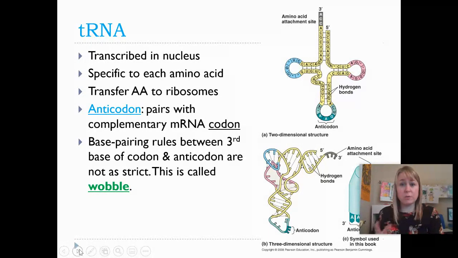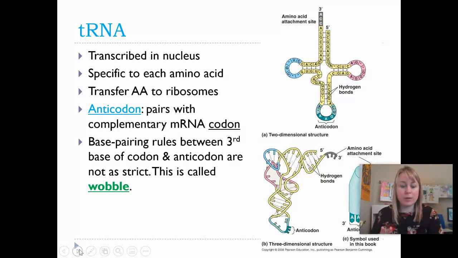It's really the first 2 letters that hydrogen bond to the codon. That third base is not as strict. So AAG and AAC could probably bind to the exact same codon, regardless if that last letter matches or not.